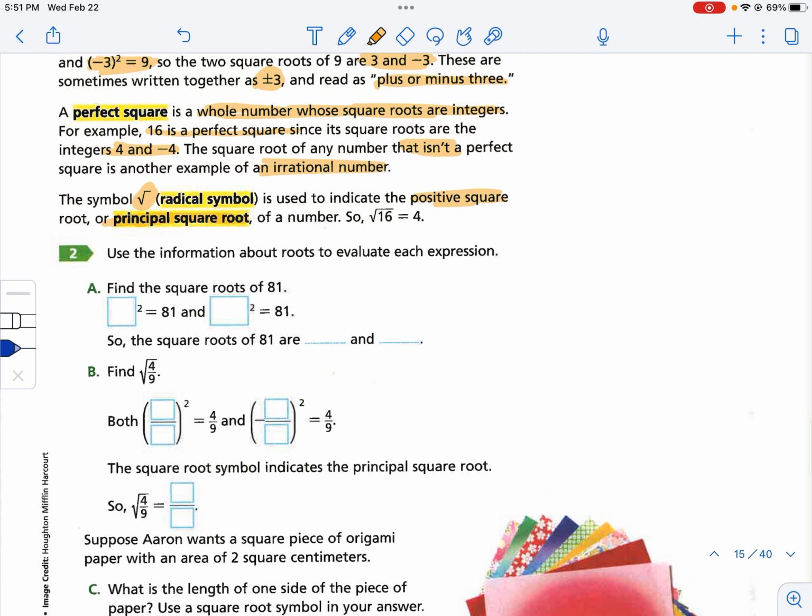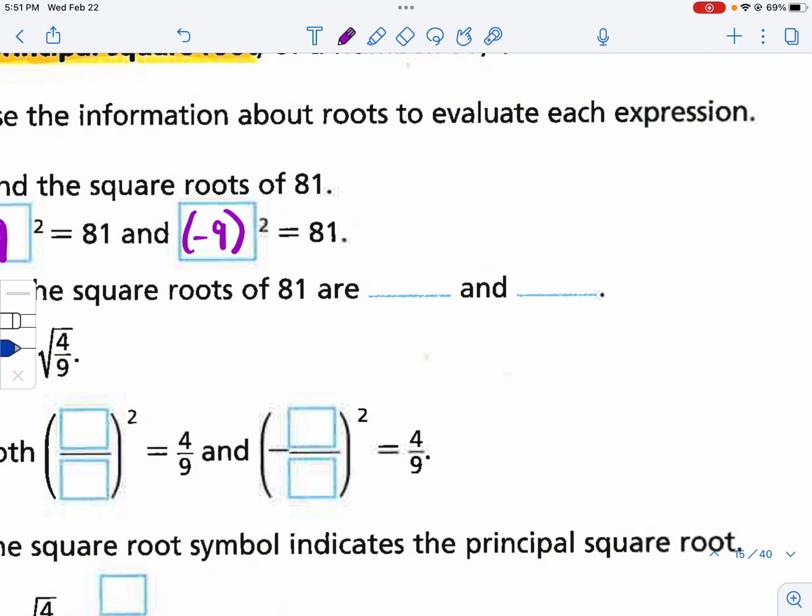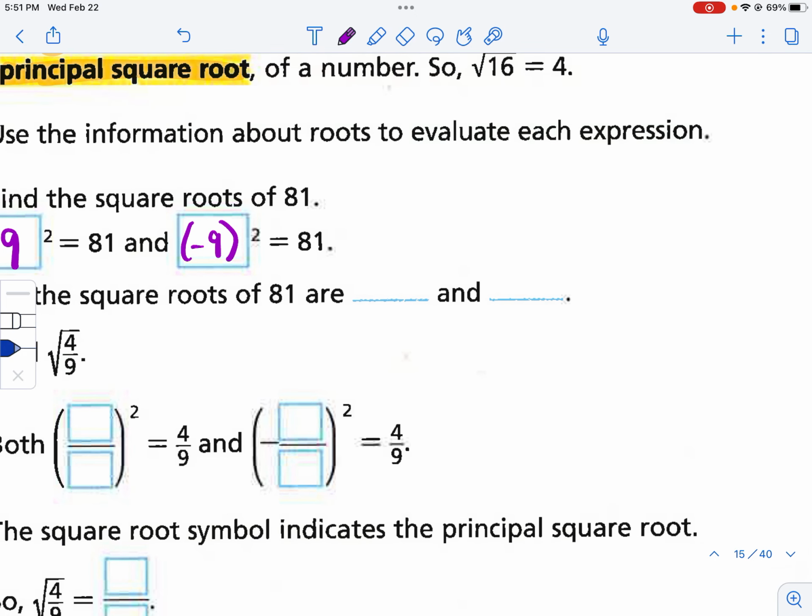Okay, so here we go. What squared gets 81? 9 times itself gets 81. What else gets 81? -9 squared gets 81. So if I was going backwards, 9 and -9 would be the square roots.